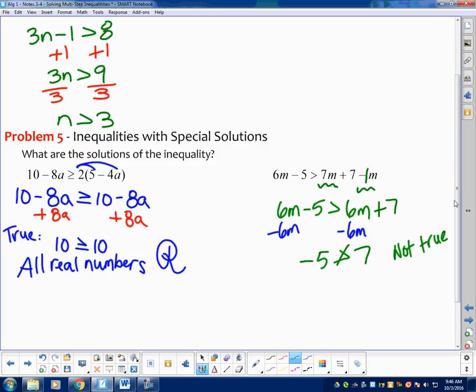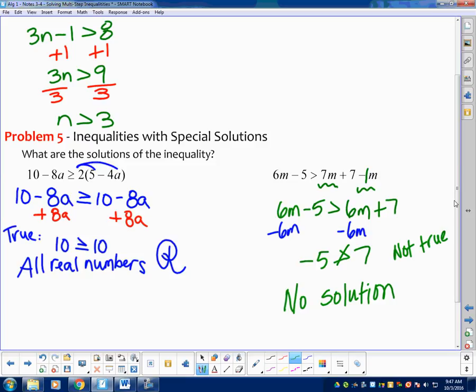Okay. So then you're just going to put no solution. That means no matter what number I put in there, I can't work it down and get anything that's going to work. Okay? If the inequality that you end up with is not true, then there is no solution. No number will work in there.